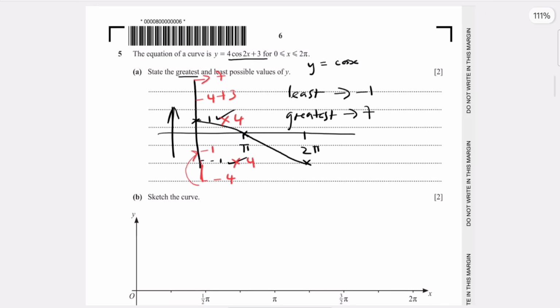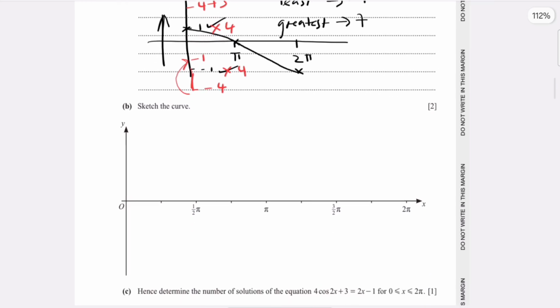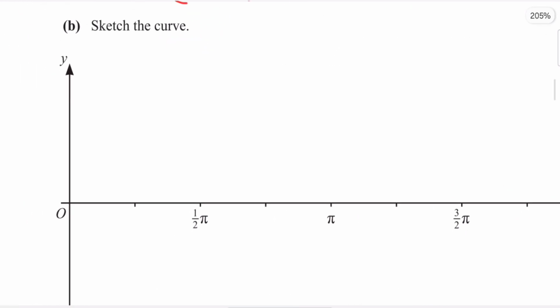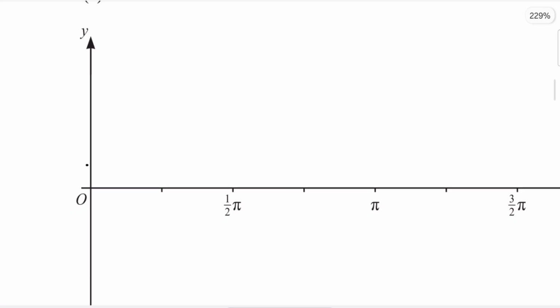So first, let's start by drawing the original. So the graph, of course, let's put a 1 and minus 1. We have a point here. Just doing this to show you how you get to the other graph. This, then that.